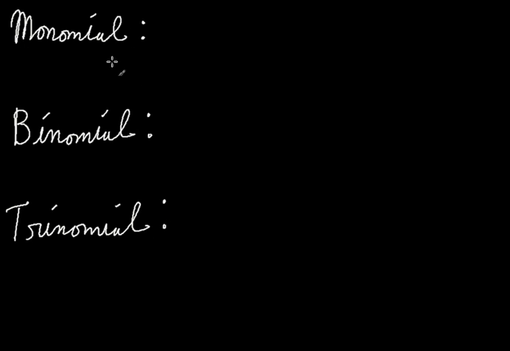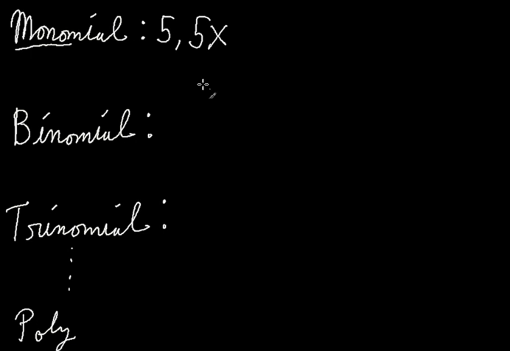Okay, so let's keep going. The next thing I want to introduce is what is a monomial, what is a binomial, what is a trinomial, and going on, what is a polynomial, okay? Now, a monomial is something that can be written as 1. Mono means 1. Monomial, just 1, that could just be the number 5. The number 5 could be thought of as a monomial, but also 5x.